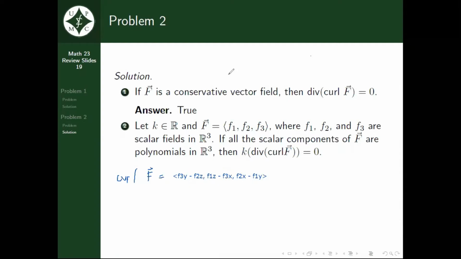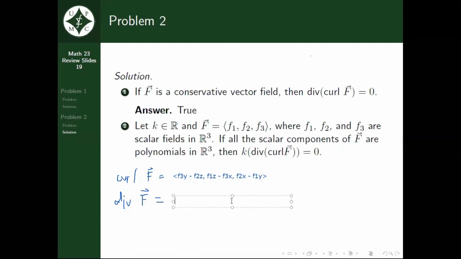Now, for the divergence of F, verify again. It is the partial derivative of the first component with respect to x, plus the partial derivative of the second component with respect to y, plus the partial derivative of the third component with respect to z.